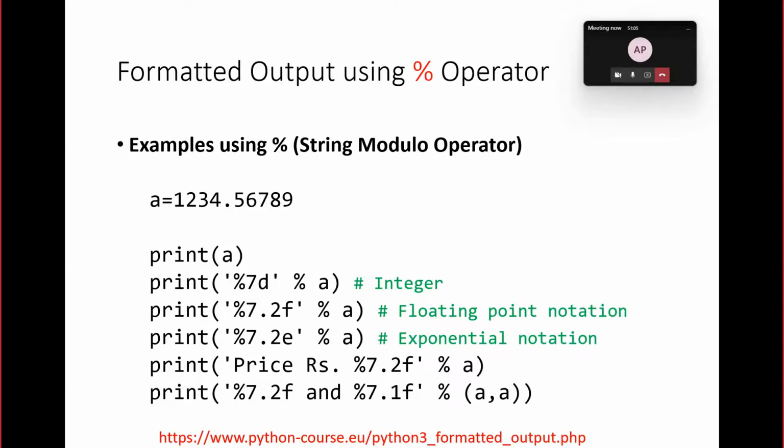In this case, we will have a number with decimal places, 1, 2, 3, 4, 5, 6, 7, 8, 9. So when you say print A, it will print everything. The second one actually we will get as a decimal value.